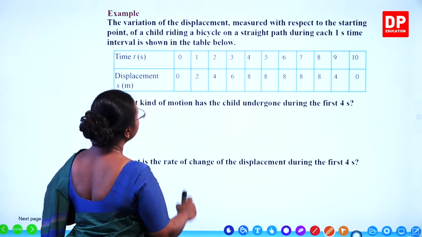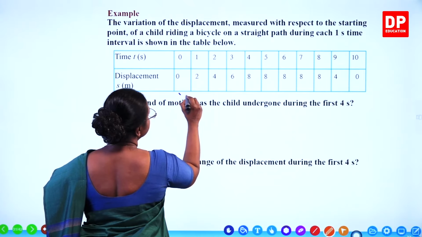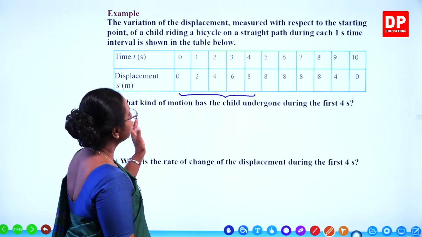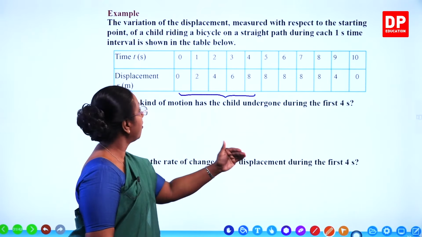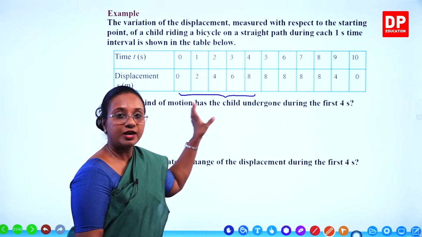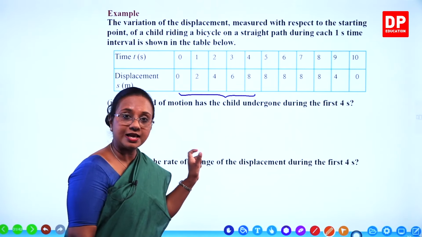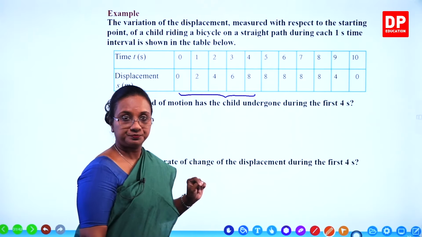For example, if you take this region from 0 seconds to the 4th second, you can see that the displacement is changing uniformly: 2, 4, 6, 8. And if you look at the values carefully, the displacement during each second is going to be 2, 2, 2, 2.